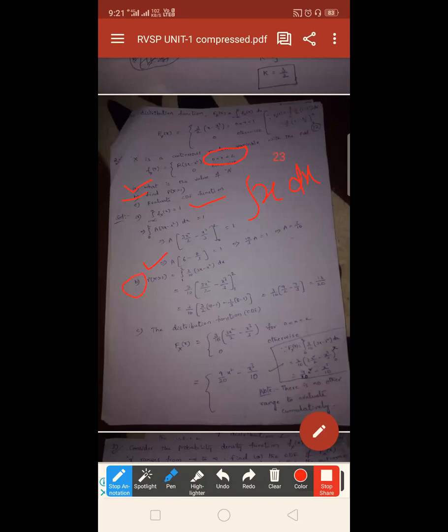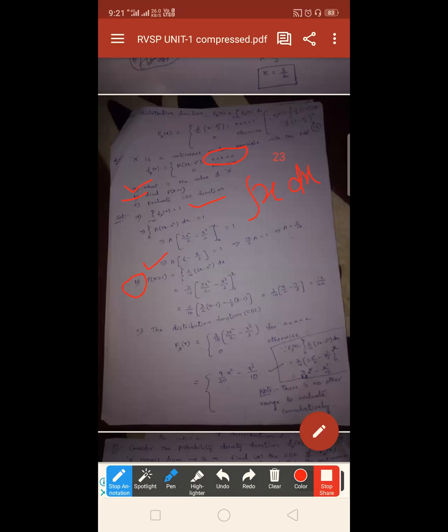Probability of capital X greater than 1 is equal to integral 1 to 2, because 2 is the maximum value in the given problem, according to the given data. That's why you have to write the limits of integration as 1 to 2.